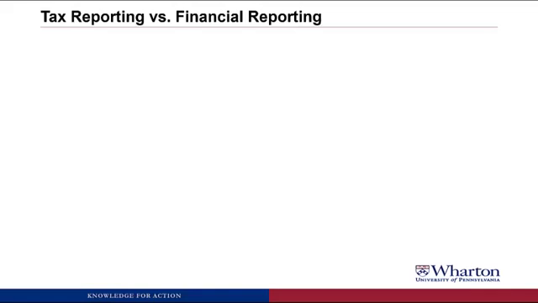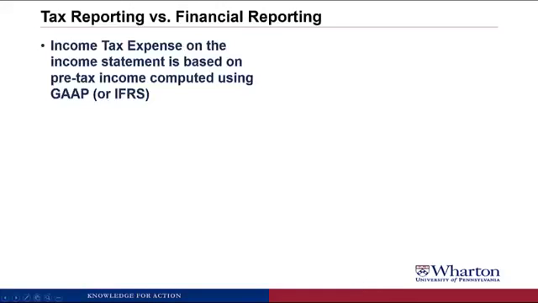Let's start with a big overview slide of the differences between financial reporting and tax reporting. On your financial statements, you come up with income tax expense, which is going to be based on the pre-tax income computed using either US GAAP or IFRS, whatever the accounting standards are in the country that you're located.